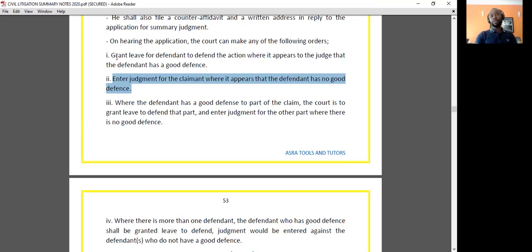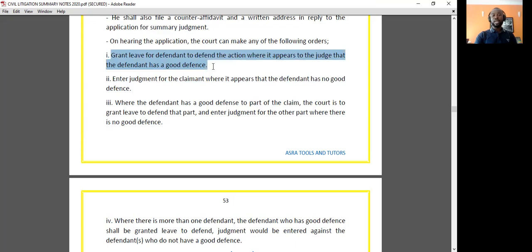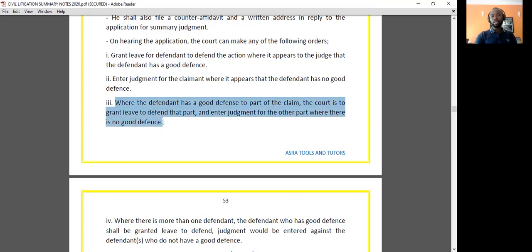And if, on the other hand, the court finds that the defendant has a good defense to the claim that has been made, then the court will grant the defendant leave to defend that action. And if the court finds that the defendant has a good defense to a part of the claim, but not to the other part, the court could grant judgment in respect of the part to which there isn't a good defense and grant leave to defend the other part.